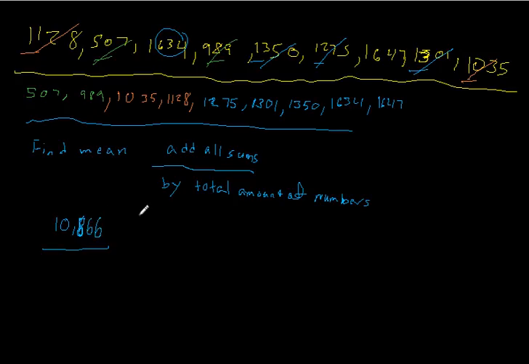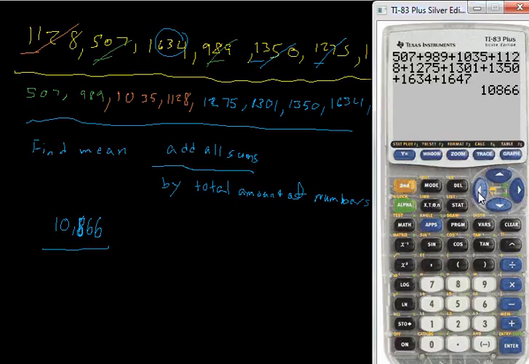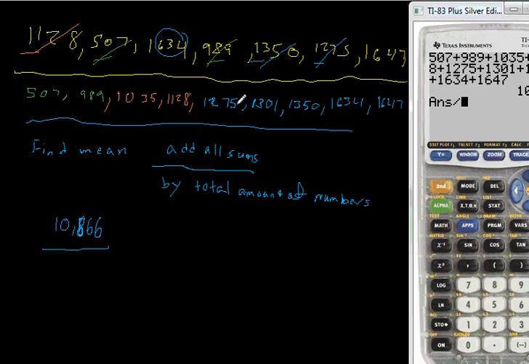I'm going to divide that by the grand total here. Let's divide that by the total number of values here, which is 2, 4, 6, 8, 9.